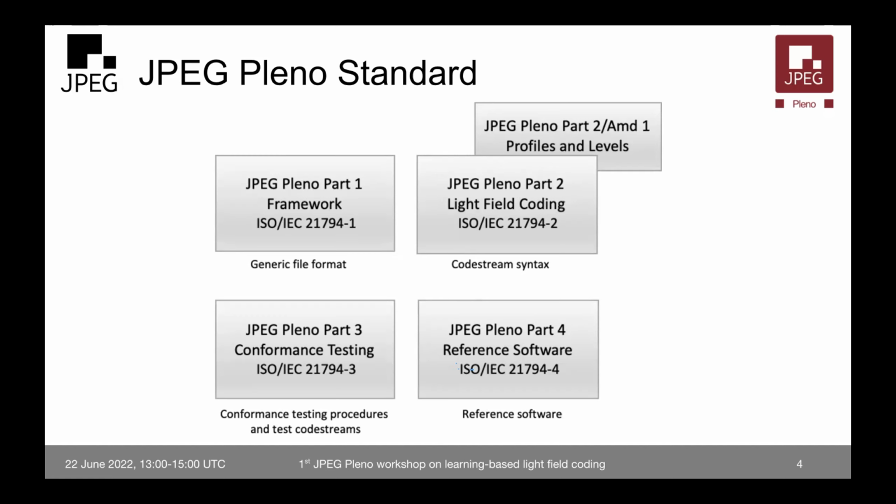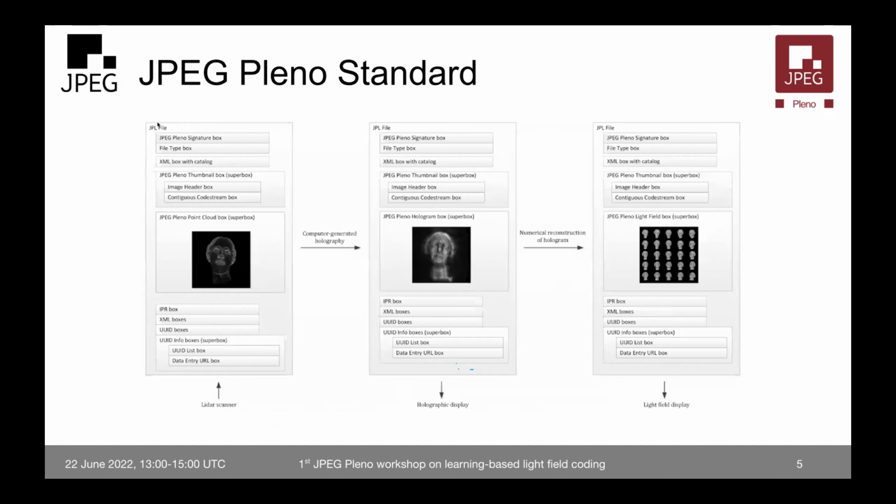So far, we only have light fields as standards. We have a JPL file format, a box-structured file format, so it supports data, metadata, manipulation, editing, and so on. So we have space for point clouds, holography and light fields.